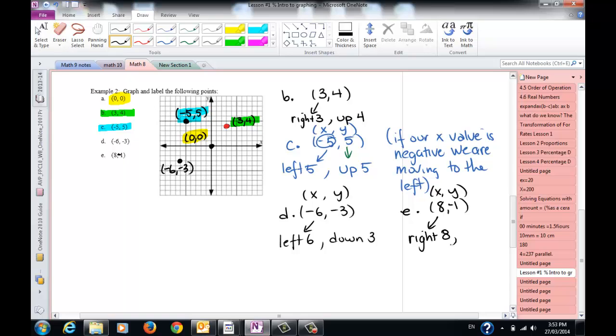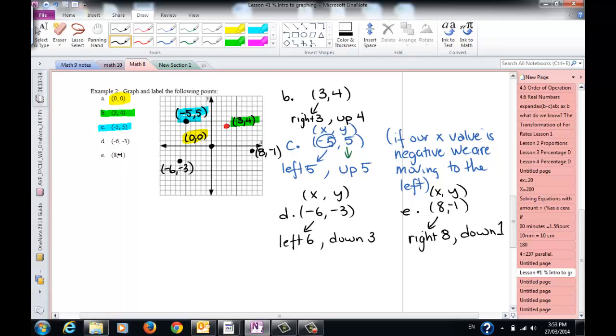And it says -1, so minus is going to be down 1. So I'm going to go right 1, 2, 3, 4, 5, 6, 7, 8, and then down 1. And I'm going to put my point in. I'm going to write my point in. I'm going to erase my little marks there. Oops. There we go. And awesome.